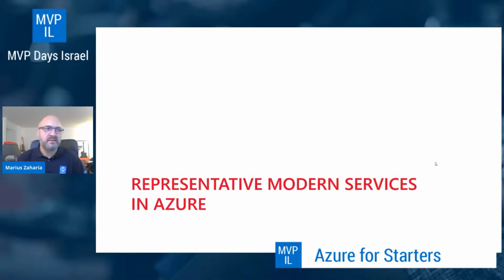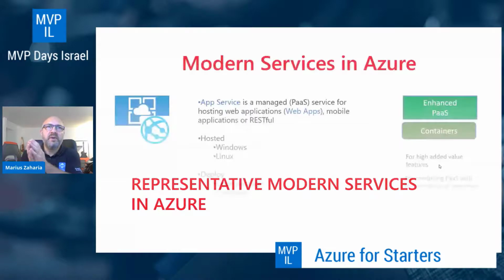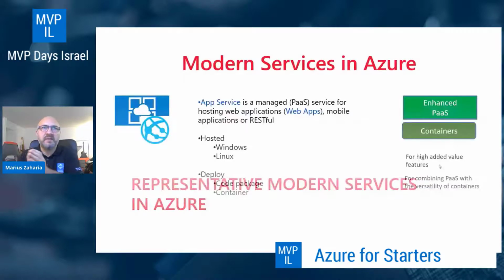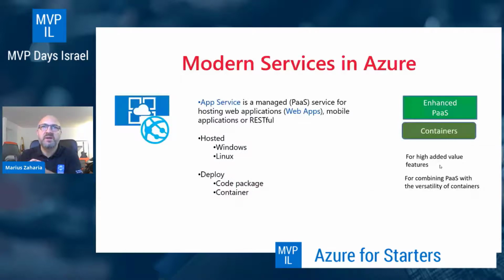And I will pass very quickly through the representative modern services. We have several of them. First of all, for the enhanced PaaS, we have App Service, which is the managed PaaS service in Azure as the reference one.